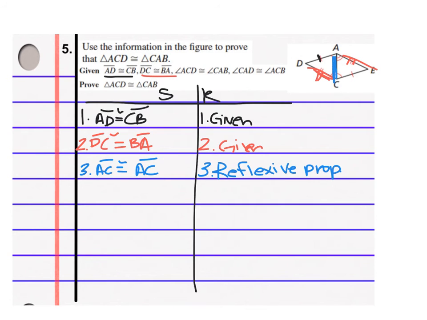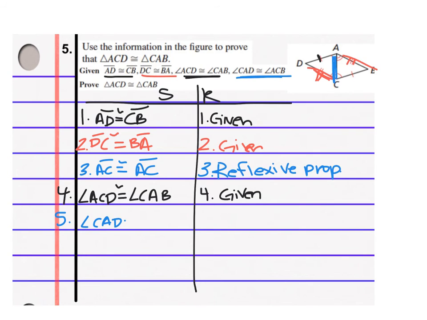Now I need to do the angles. So I'm going to start with angle ACD is congruent to CAB, and that was given to us. And then I also have CAD is congruent to ACB, and that was also given.